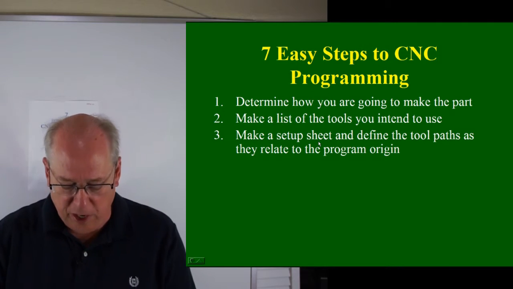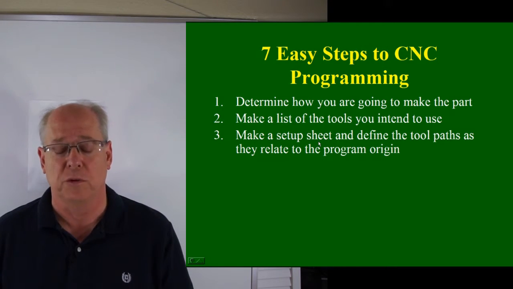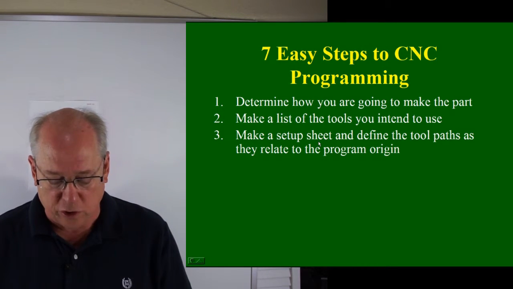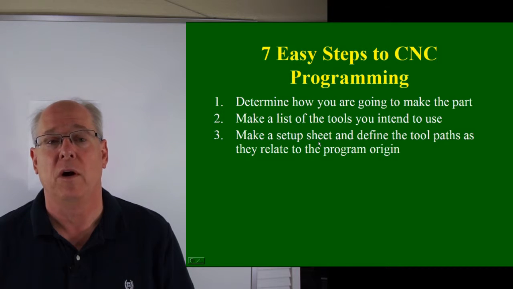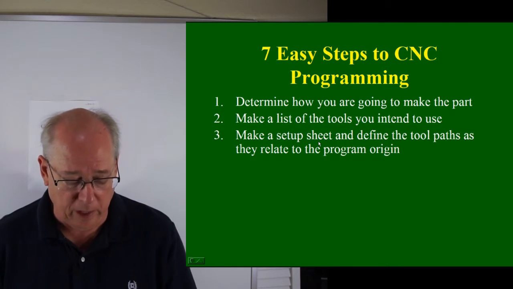You do this because this step organizes your thinking, and it provides an operator, if someone else is going to be operating the machine, with a description of how you intend to run or make the part. So that when they push that button, they're not surprised at what it does. You can kind of prepare them by giving them the setup sheet and what's going on with the machine.